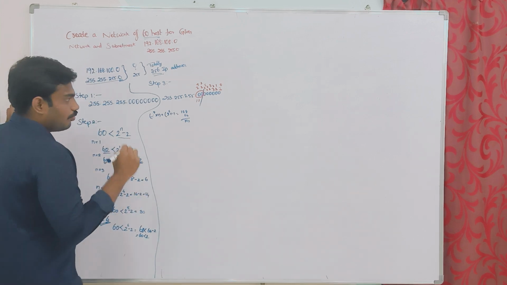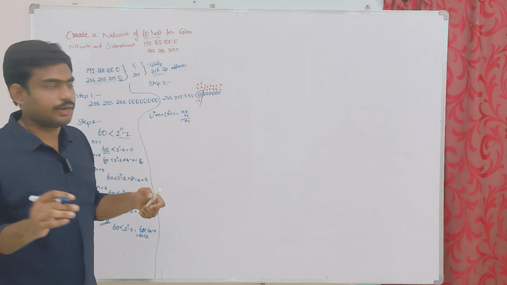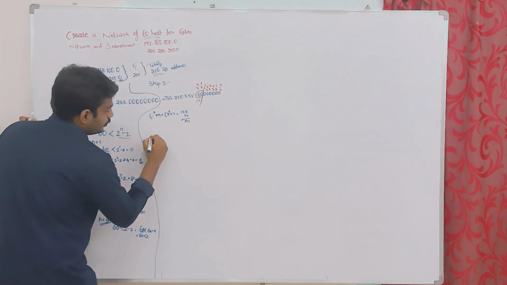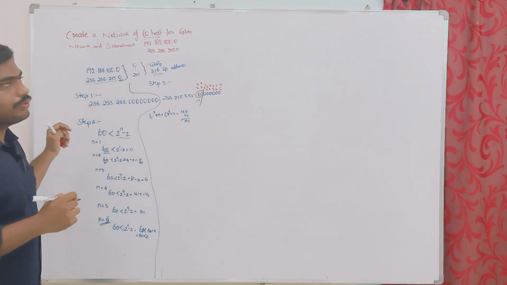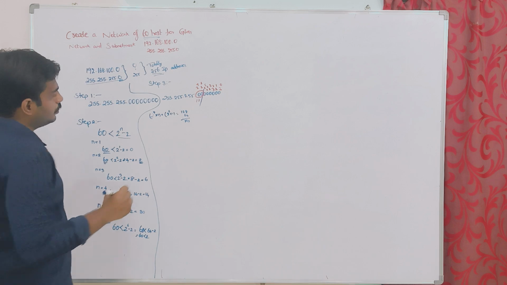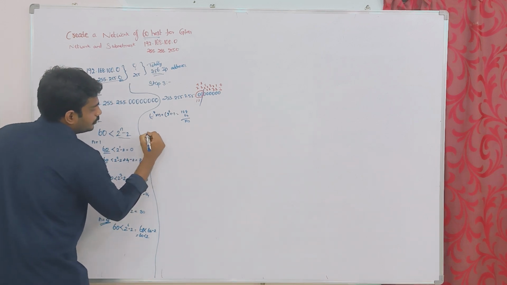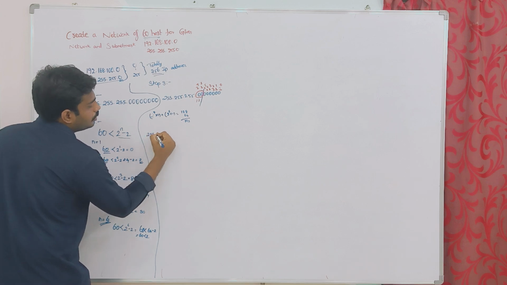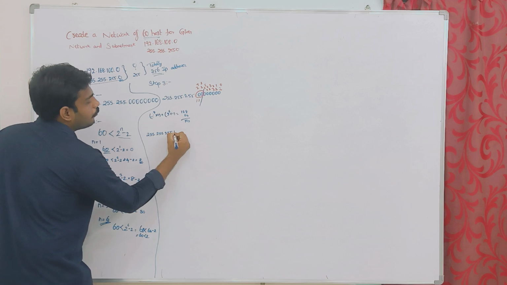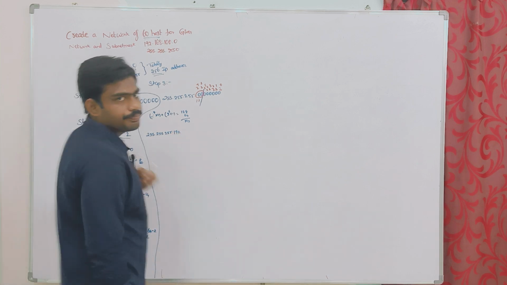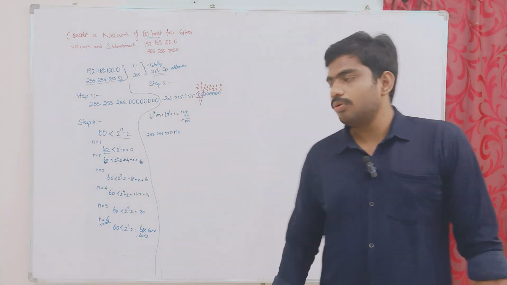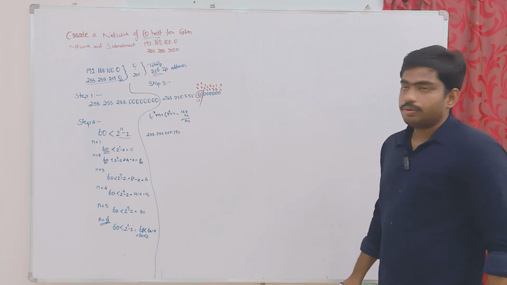So now we got a solution. What is the subnet mask to acquire 60 hosts? The subnet mask is 255.255.255.192.